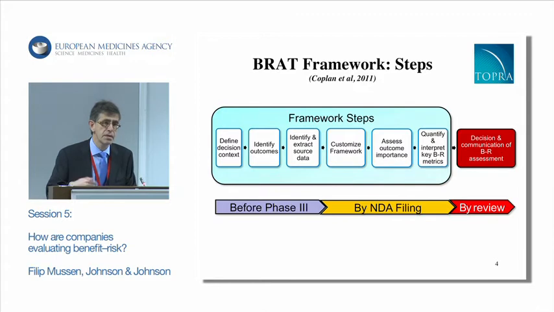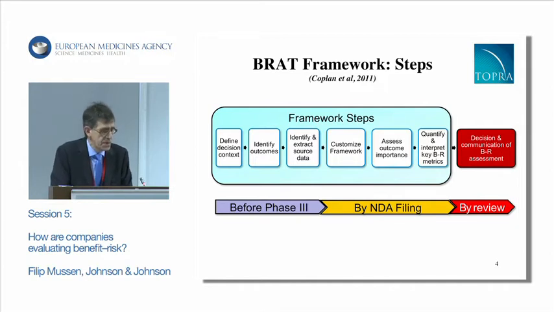And we think that there are already a number of companies who start to have a discussion about key benefits and risks, for example, in CHMP scientific advice before phase 3. So to start to have a common understanding also with the regulators about what are those key benefits and risks. And obviously they will evolve as phase 3 is being implemented and data are being generated. Some of these things may change.